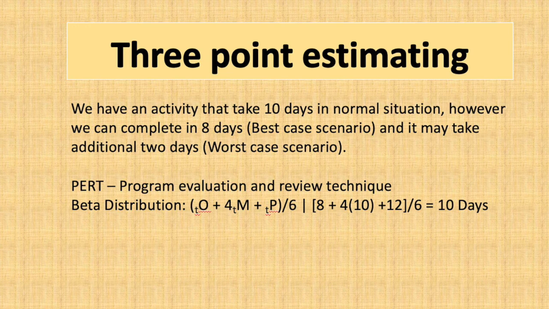Say we have an activity that will take 10 days in normal situation, and if things are in our favor, we may complete it in 8 days, and if something goes wrong, this might take 2 additional days. So we will take it as 8 plus 4 multiplied by 10 plus 12, divided by 6. So we will consider 10 days.